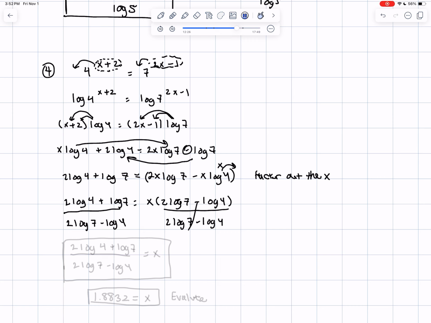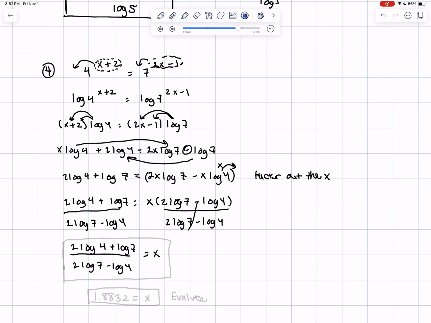So now our x is 2 log of 4 plus log of 7 over 2 log of 7 minus log of 4.